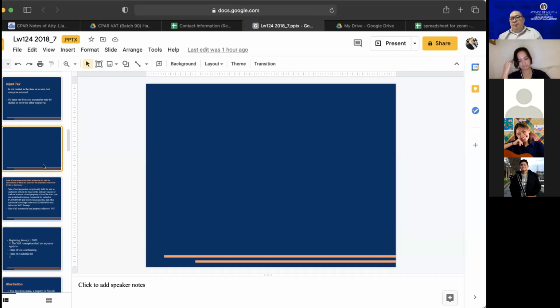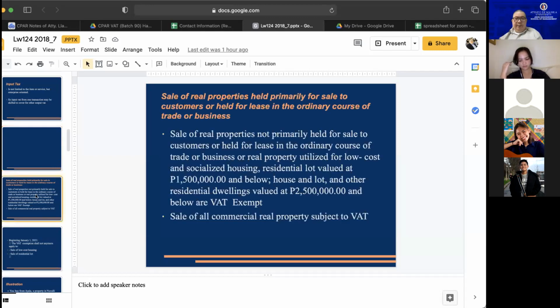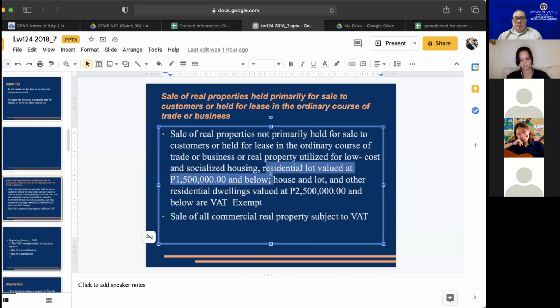When they sell any of the 4 other properties, the BIR will collect VAT. Is that correct? Yes po. Why? For as long as you sell it and it exceeds 3 million, then it's vatable.